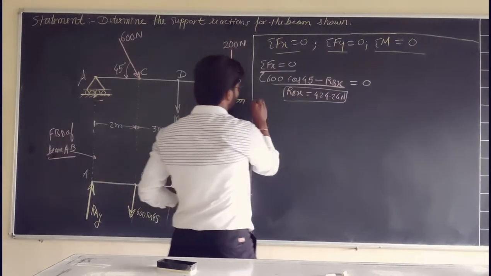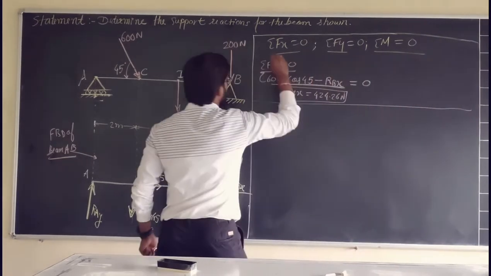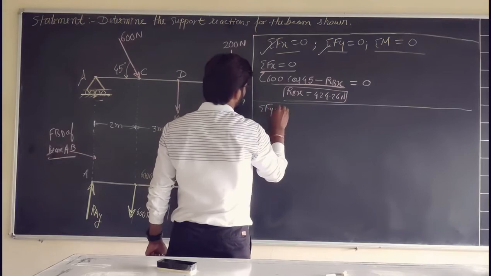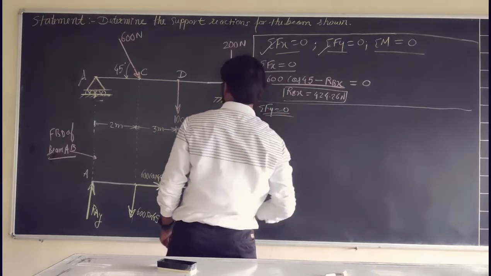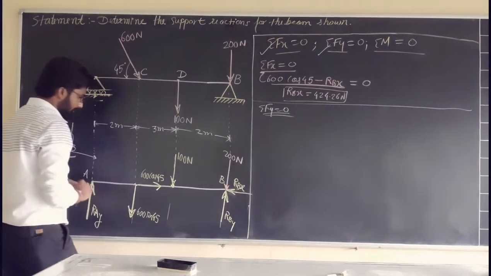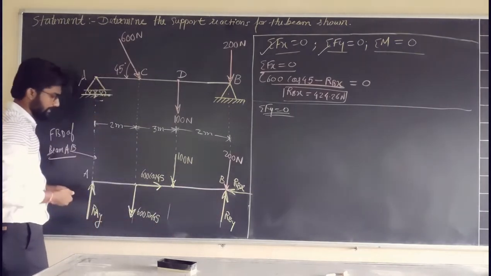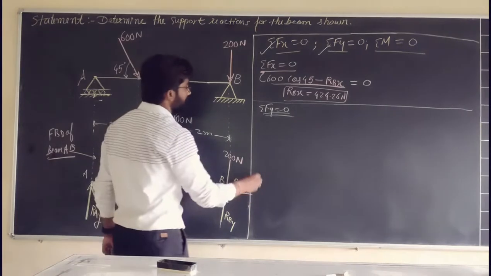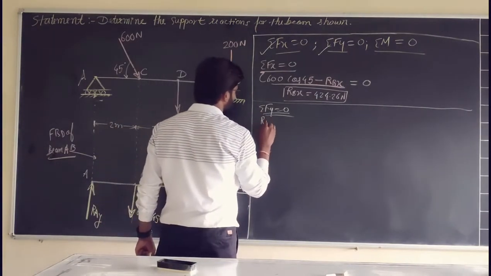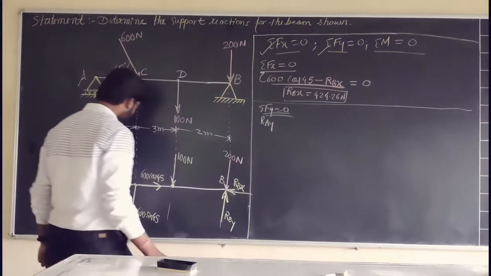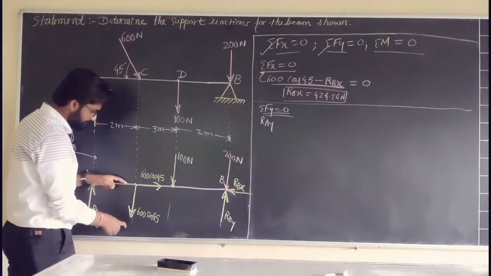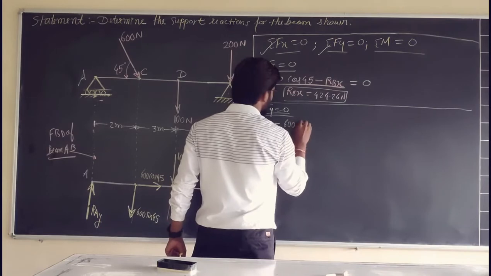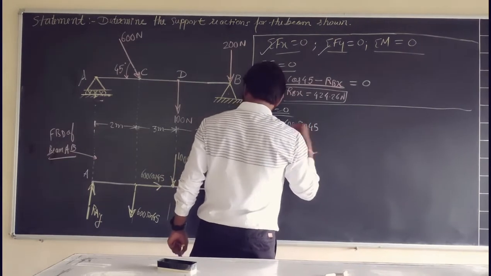Now we have gone with one equation, and now we'll go with the next, summation of Fy equal to 0. In this mechanism, check out the forces acting in the y direction. Here we have RAY moving towards the positive y direction, so plus RAY. Then we have 600 sin of 45 moving towards the negative y direction, so minus 600 sin of 45.